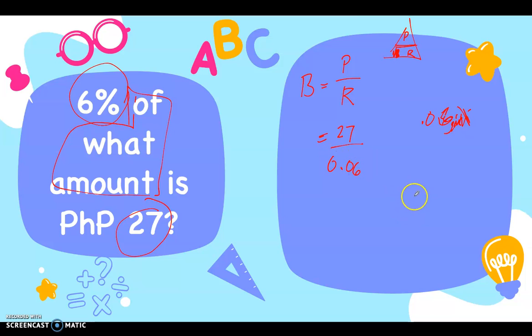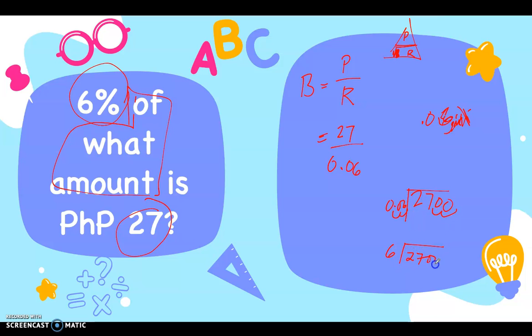Now it's time for us to divide 27 divided by 0.06, and in making this a whole number, we move 2 decimal places to the right, so this will become 6. And then we add 2 zeros also in 27, 1, 2. Since we moved 2 places here, we also move 2 places to the right.